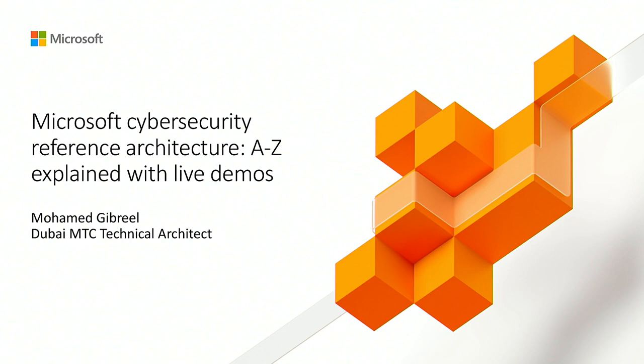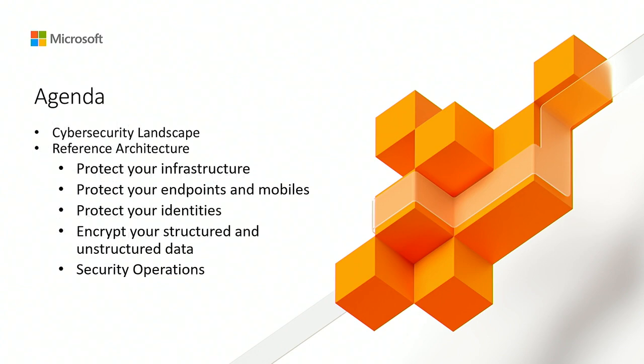So let me start with my agenda. First of all, I want to set the stage and give you an overview about the threat landscape and what's happening: who the bad actors are, what they are doing, what they are creating and developing, and what they actually want to reach. So what is their target? Then I'll talk about the reference architecture, but here I'm going to divide it into 5 main parts, and this is how I'm going to simplify it.